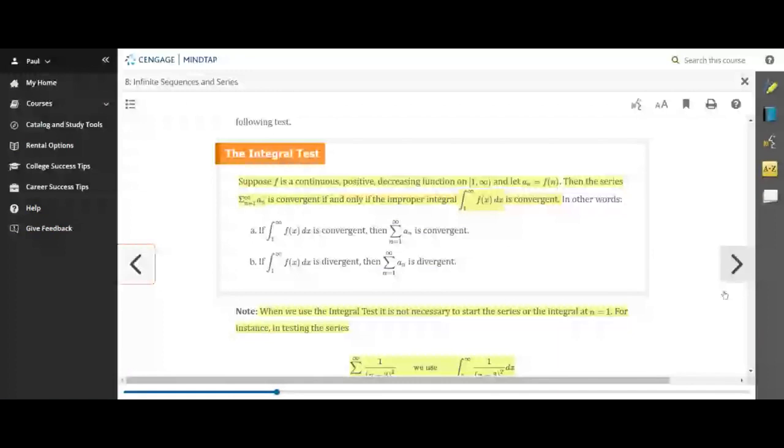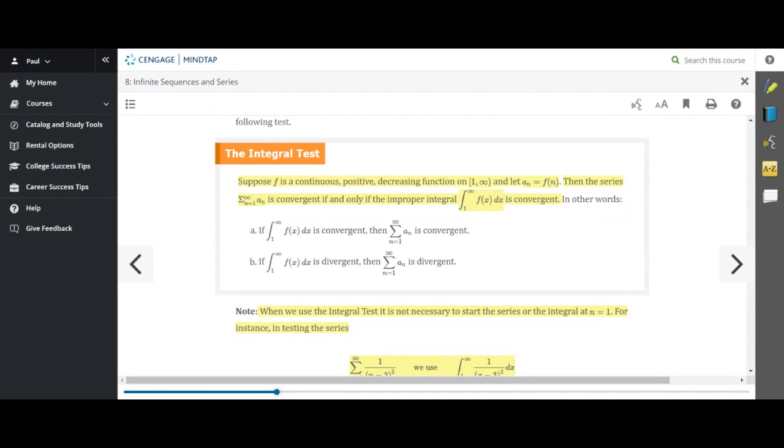Yeah, this is called the integral test. The integral test says, suppose the function is positive and it's decreasing, and the nth term of the series, a sub n, can be written as the function evaluated at n.